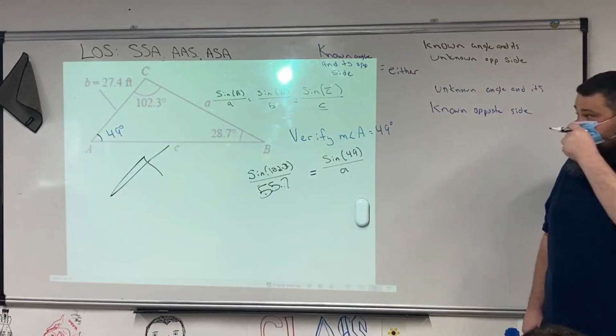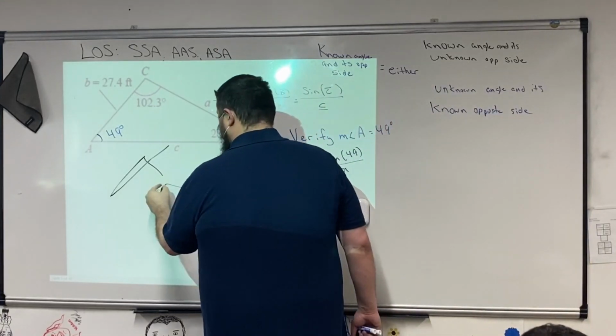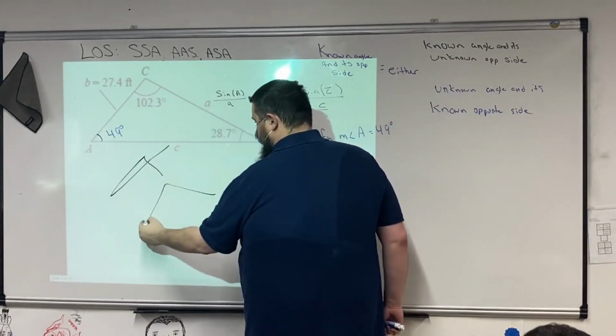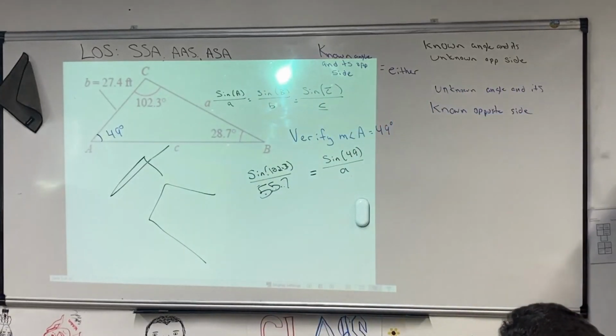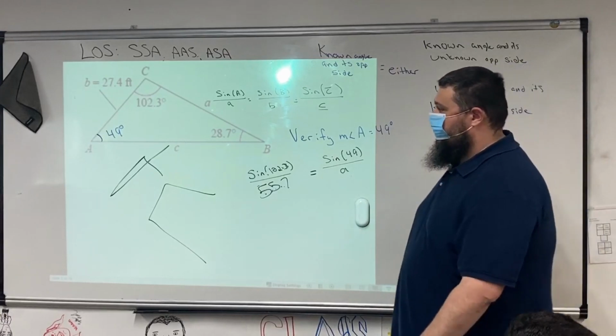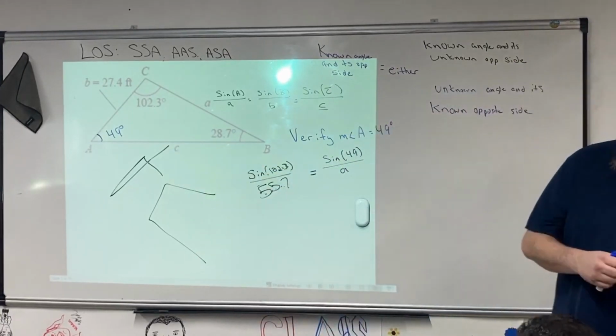Which, to be fair, I've drawn triangles that look like that for you guys in the past. Or it could be something like this, and then maybe this comes out to be 110 degrees. Are those polygons? No. Why not? They don't close. The bottom one doesn't close. It overlaps. The vertices aren't touching. Alright.